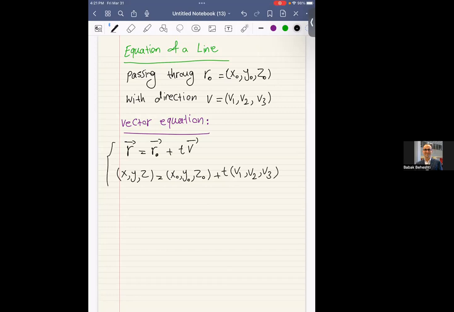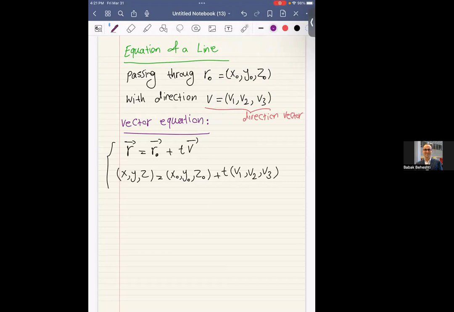So this is called the vector equation of a line passing through R0 with direction v. So v is called the direction vector of the line. So this is the vector equation.